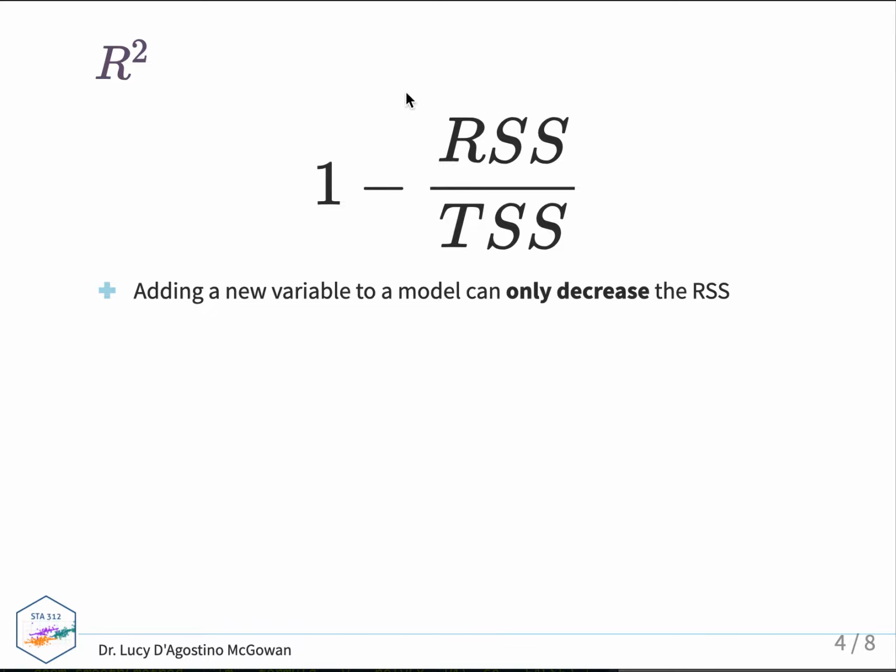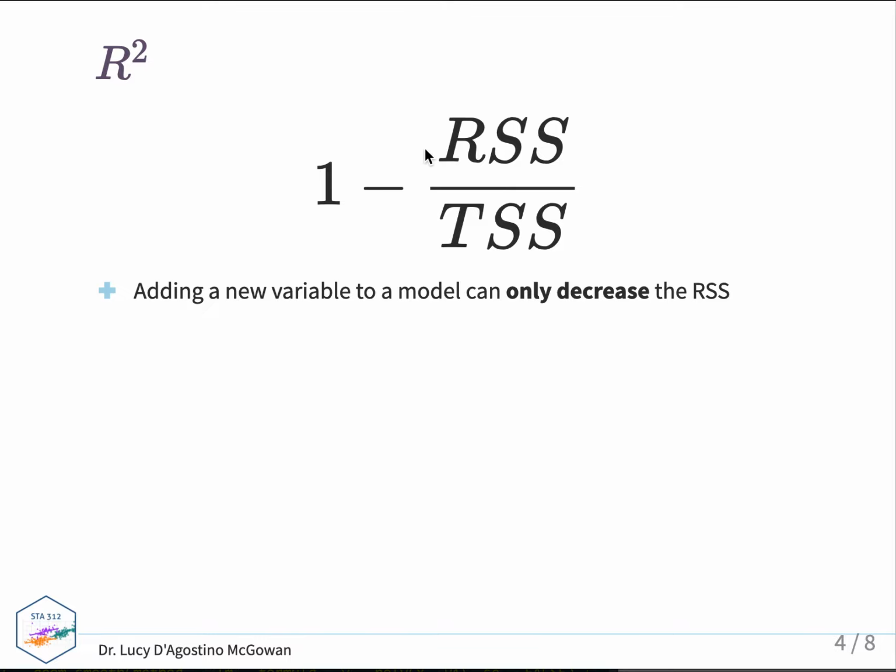If this is the equation for R-squared, and adding a new variable necessarily makes the numerator go down, and this equation is 1 minus some quantity, where the numerator of that quantity can only decrease if we add a new variable, the total sum of squares is going to stay the same, because that's just determined by your Y. So the denominator stays the same and the numerator decreases, so this quantity decreases when we add a new variable.